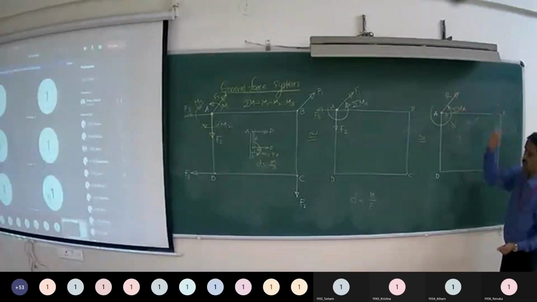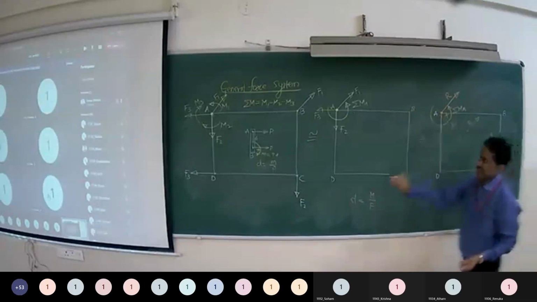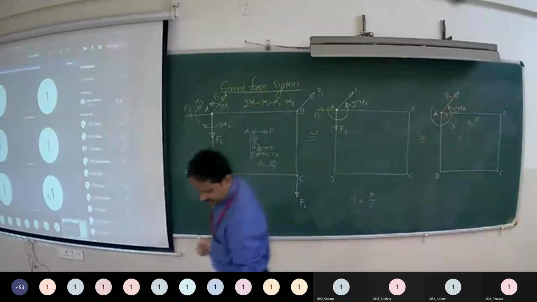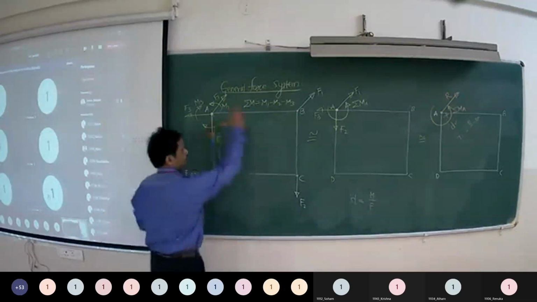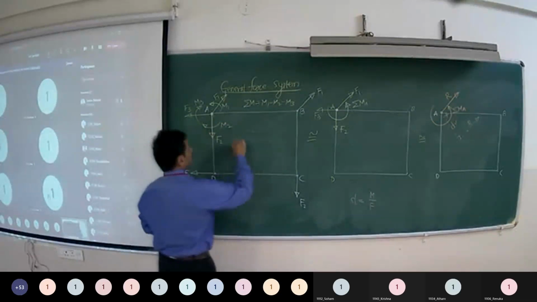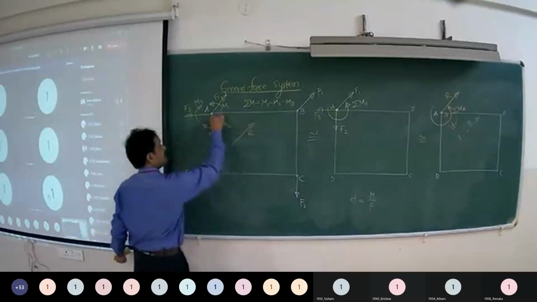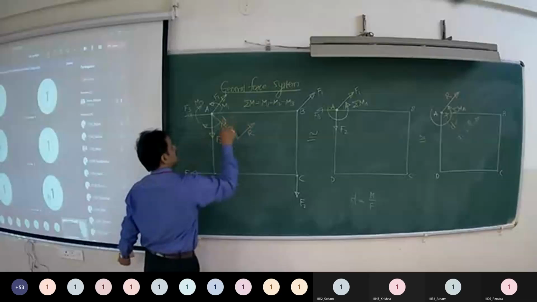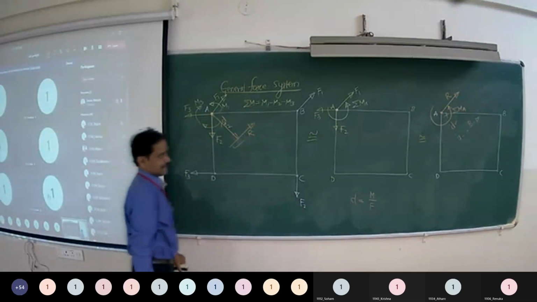So this d will define the position of resultant with respect to A. So in this given system, the resultant of this non-concurrent, non-parallel force system will be acting at a distance d from A. This is the position of resultant.